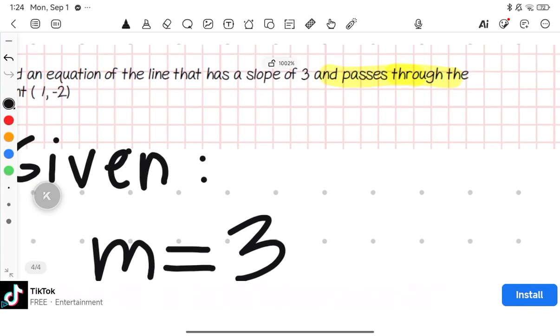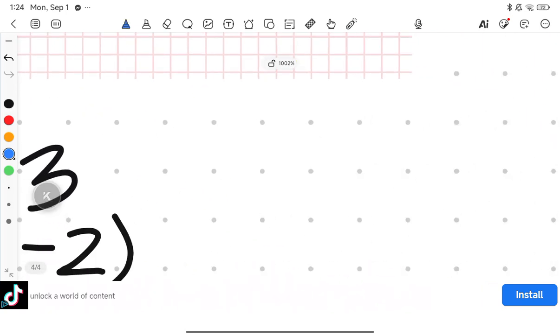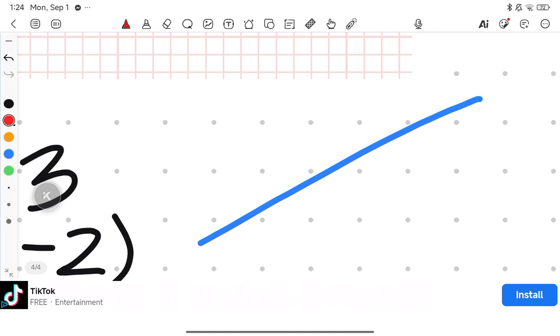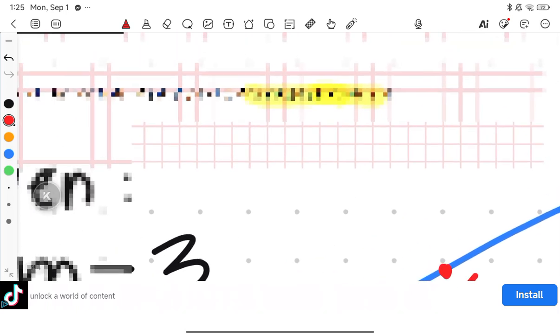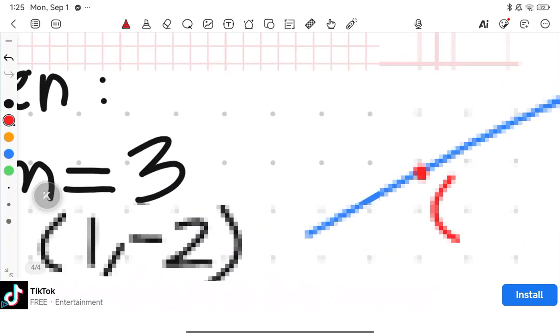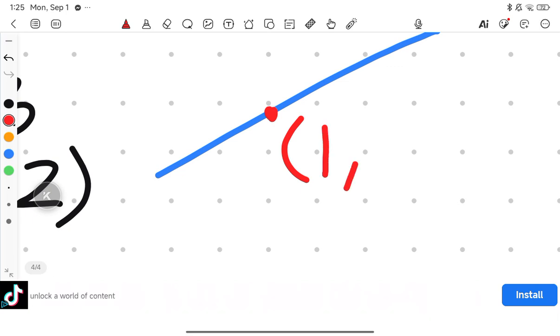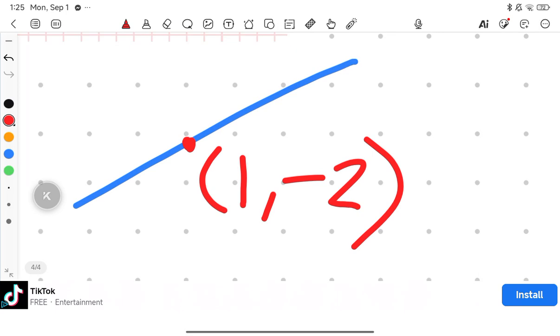Ibig sabihin yan, kung ito yung ating line, so, madraw tayo ng line. Kung meron kang line na ganyan, so malamang sa malamang, part ng line yung point na 1 and negative 2. Tama? So, part nung equation, dapat itong 1 and negative 2. So, kailangan mong hanapin kung anong equation yun.